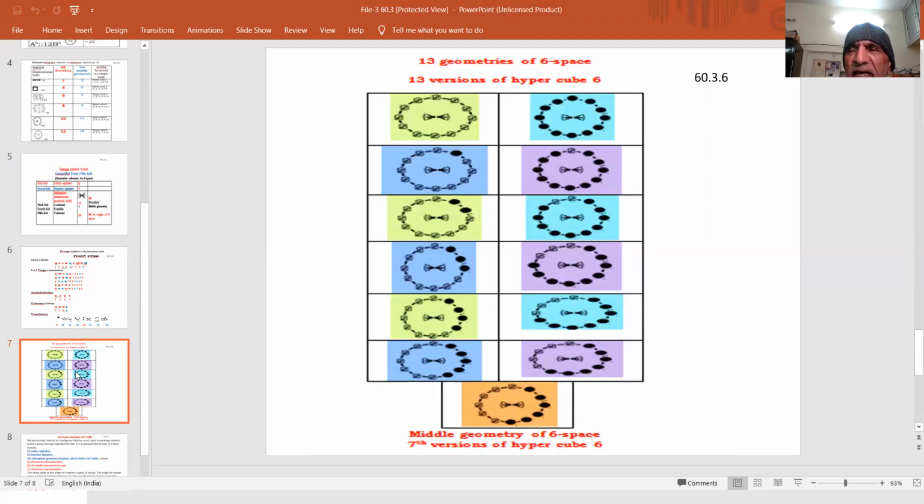It is here that the focus will be the central version, the version of Hypercube 6 where half of its boundary is intact and the other half of the boundary is absent. This is the 7th geometry. Like that, we have to have a firm glimpse of the versions of Hypercubes 1 to 6.